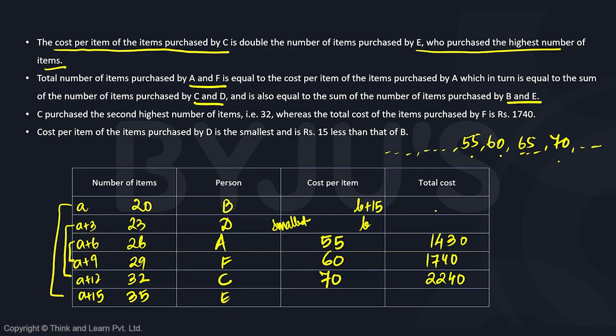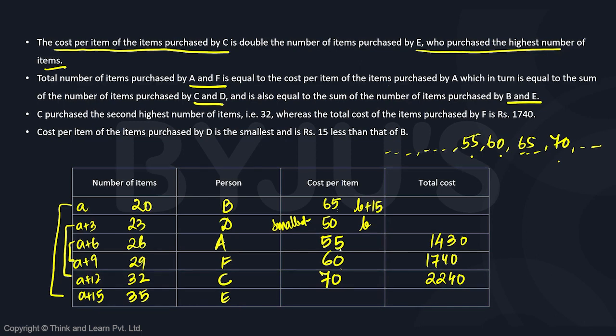Now, if B is going to be the smallest we can put is 50. If we put this as 50, this is going to be 50 plus 15, which is 65, which perfectly makes sense, right? And if we don't take this as 50, suppose if we take this as 45, then B plus 15 will become 60.